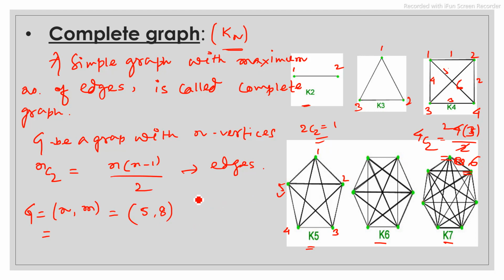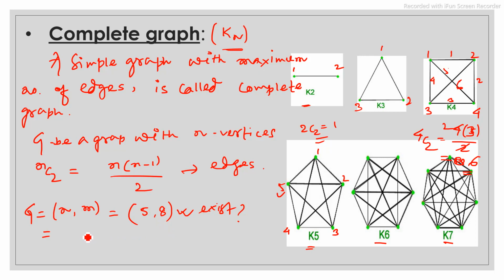Here, does this graph exist or not? How will we check whether this graph with 5 vertices and 8 edges exists or not?